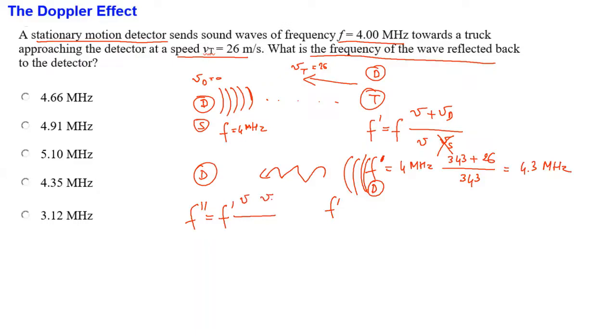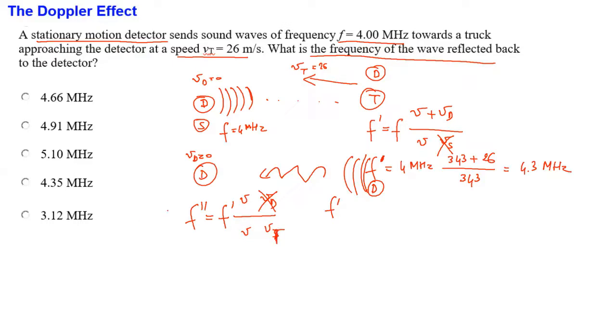times (V ± VD)/(V ± VS). Now you have to know the detector now is a real detector, so VD is 0 here. Do you agree with me? Because the detector is at rest. And now the source of the echo is the track, so here it's V track. And the track is approaching.